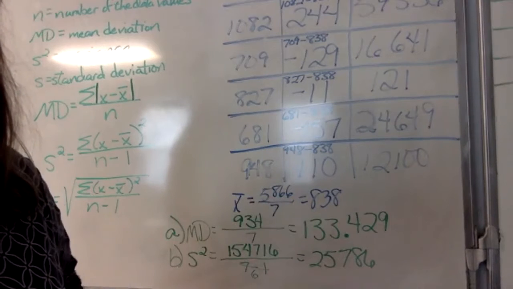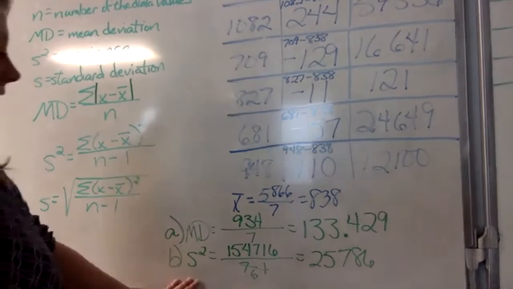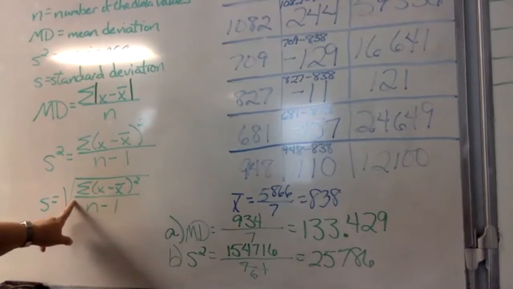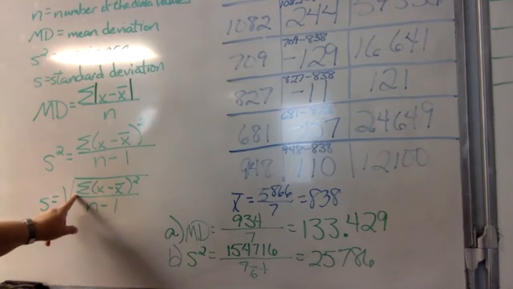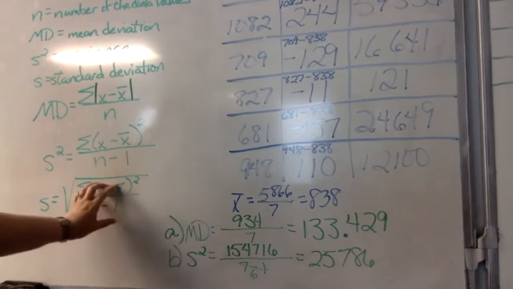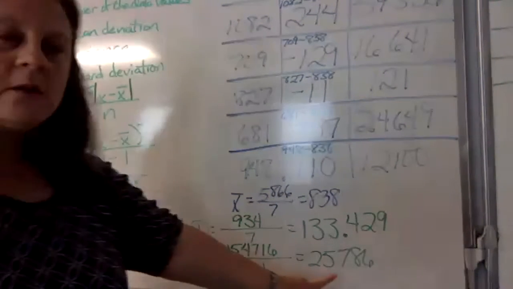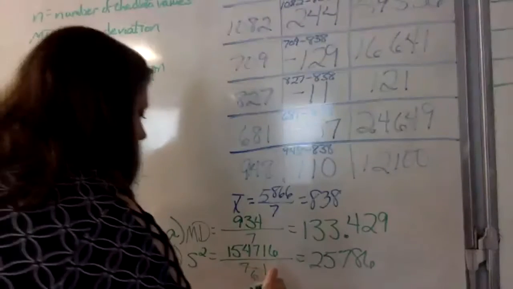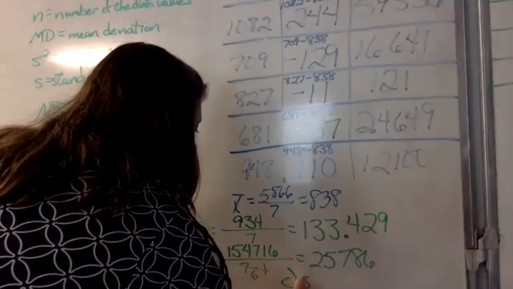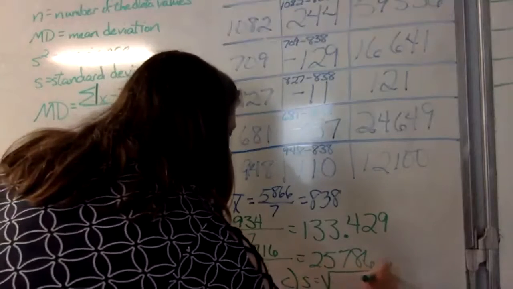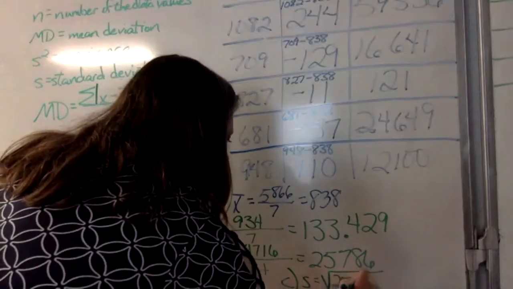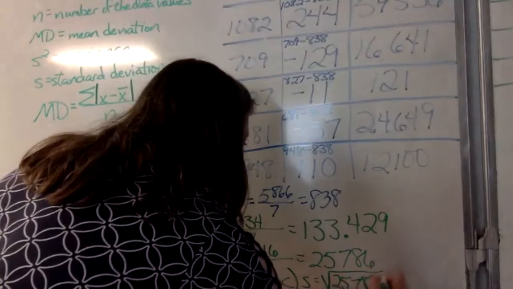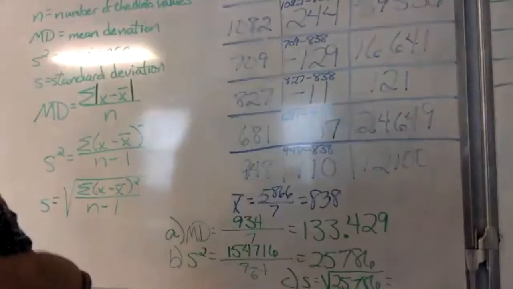Now we still have to do part C. We're still not done yet. Part C says you take the square root of your variance answer. I don't have to plug all that into here again because I already know what it's equal to. So for part C, S is equal to the square root of 25,786.